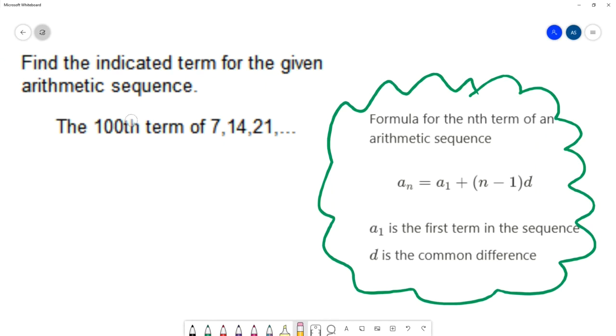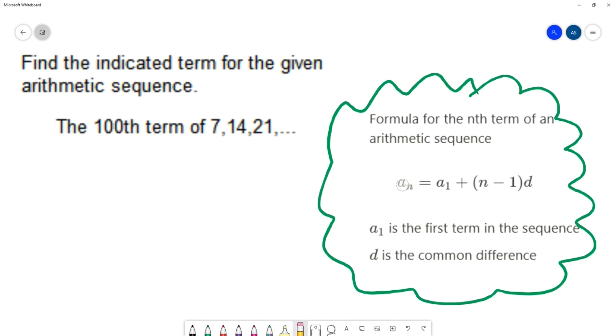But as I said, counting out to the 100th term is just not convenient. So instead of counting out to the 100th term, we'll find the nth term of the sequence. This is going to give us a formula for finding that nth term, that 100th term of the sequence.